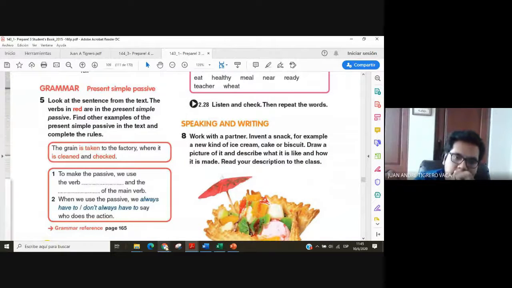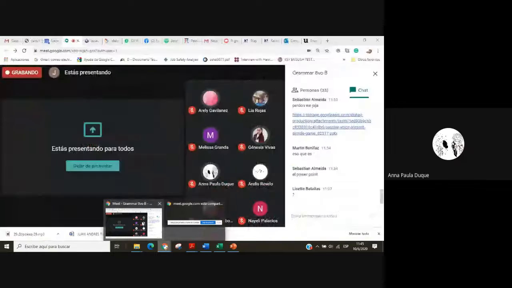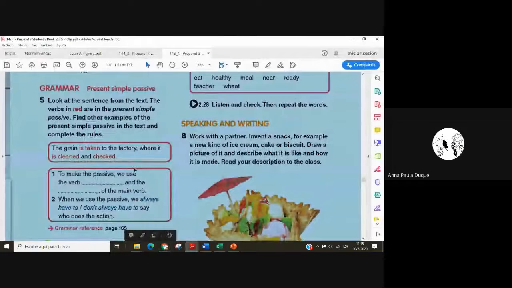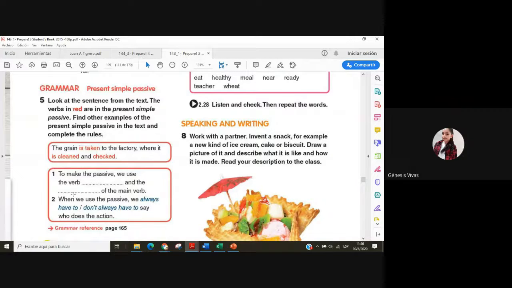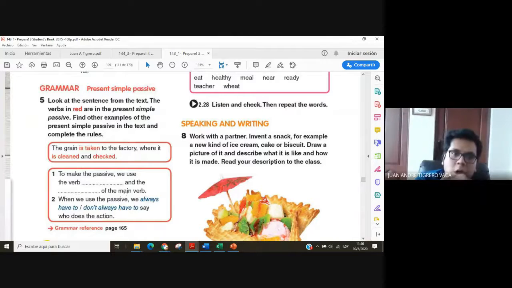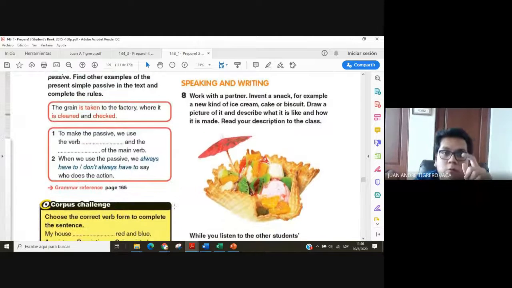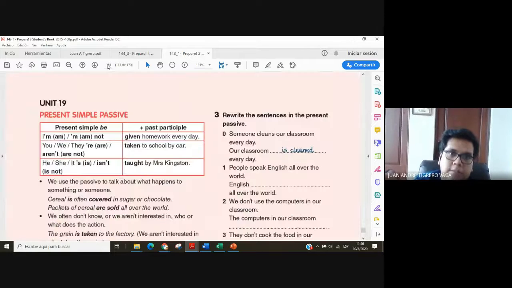What verb is that? Verb to be. Yes. So, number 1, it says, to make the passive, we use the verb to be. So here you have to write to be. And the past participle of the main verb. That's correct. Yes. Right.